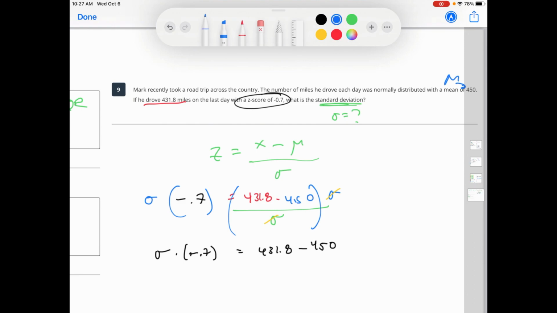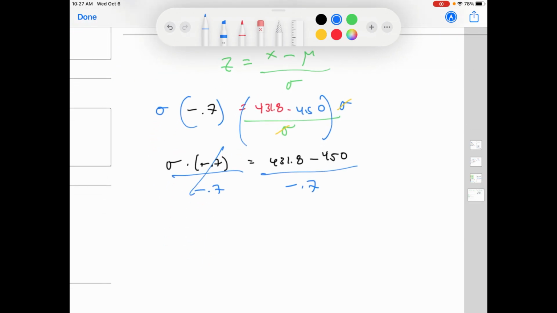And then if I divide both sides by negative 0.7, these will cancel, and you're left with the standard deviation: 431.8 minus 450 divided by negative 0.7. And then your answer, punch that in, is going to be 26.